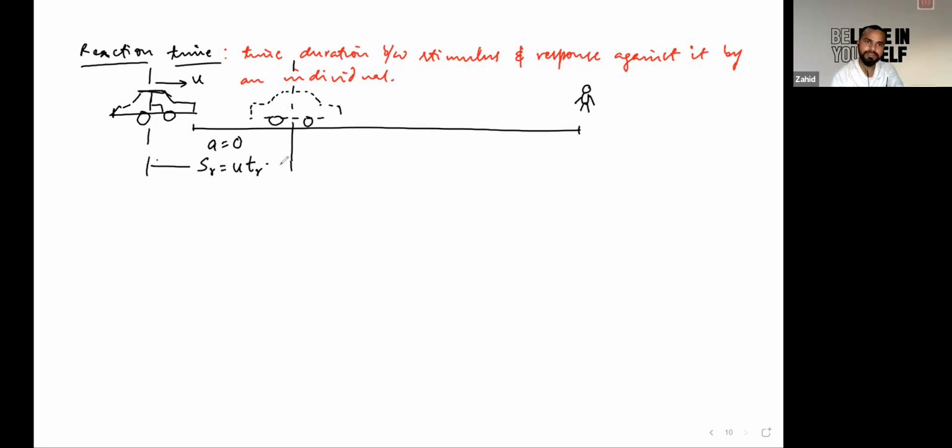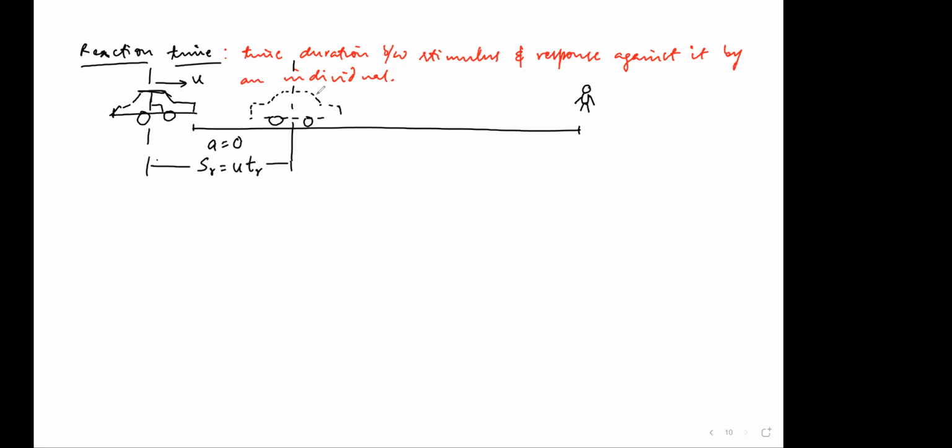Using the second equation of motion, S equals ut plus half a t squared, in which A is 0, you get S equals u times t. S_R is the distance traveled during reaction time, and T_R is the time of reaction for that driver. Is it clear? Yes, sir.